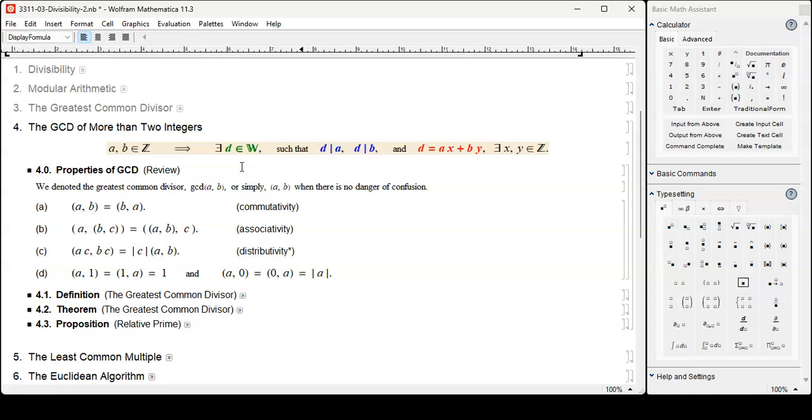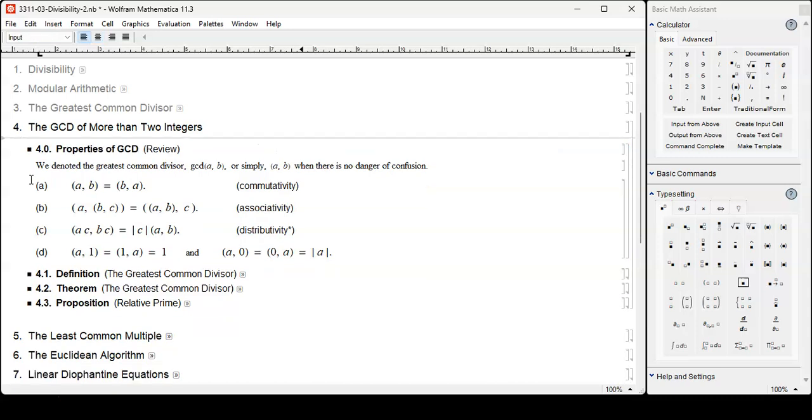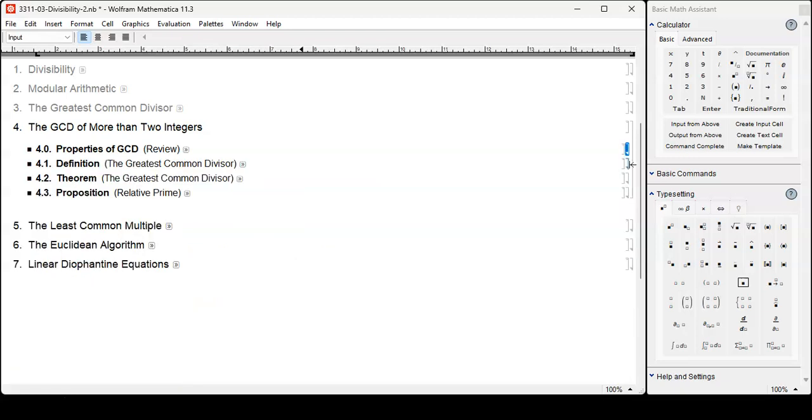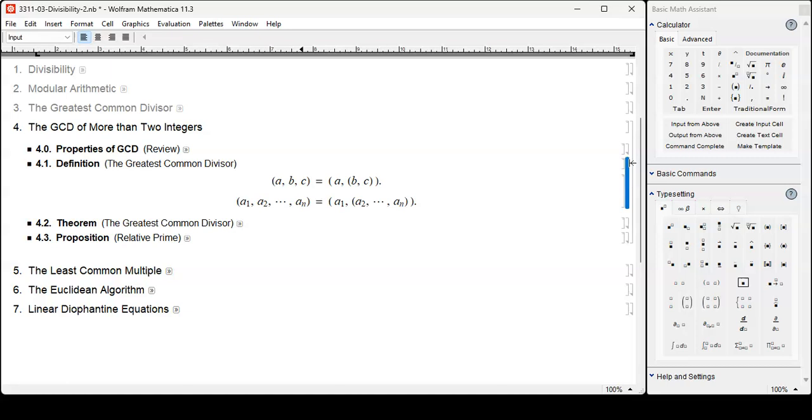Now, when you show one and the other are the same, we'll have to do this. D divides D prime and D prime divides D, so they are the same. The same way we proved the uniqueness of the GCD will apply for the uniqueness or equality in all these cases.